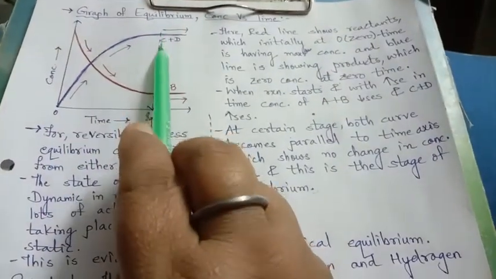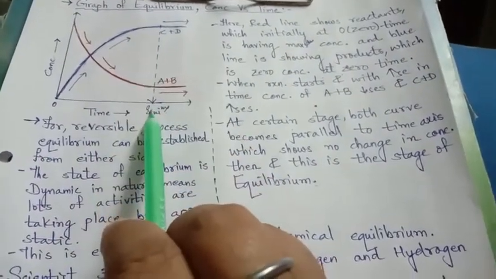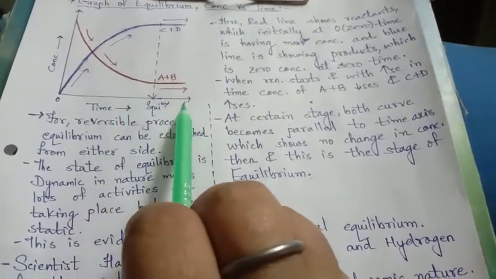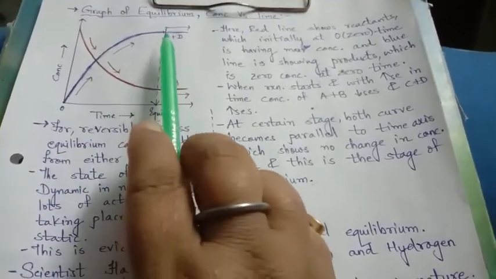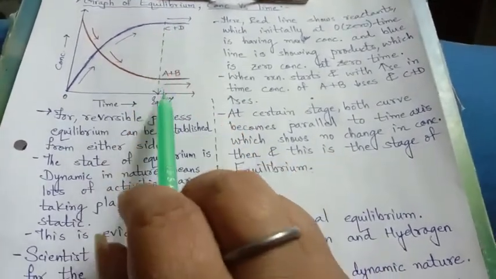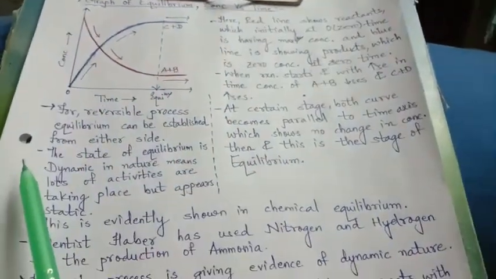At a certain specific stage, both curves become parallel to the time axis, which shows no change in the concentration from there onwards, and this stage is termed equilibrium.